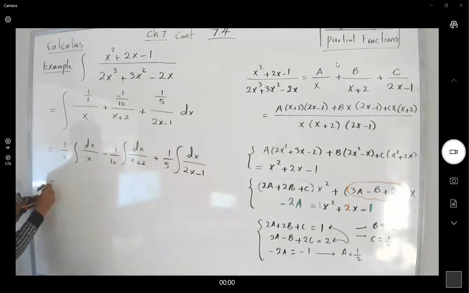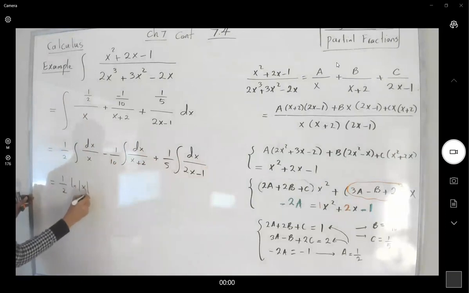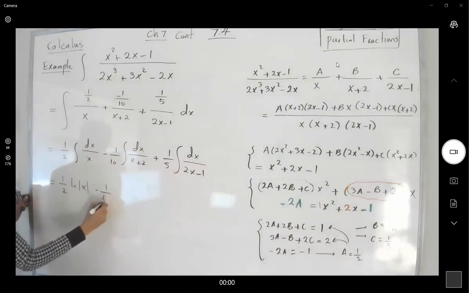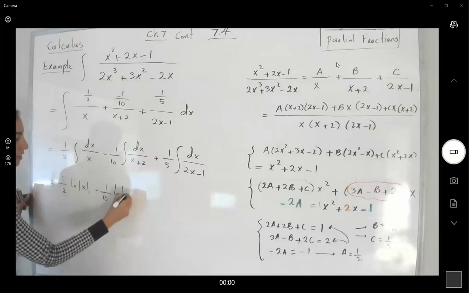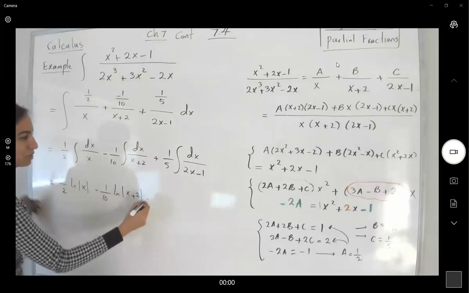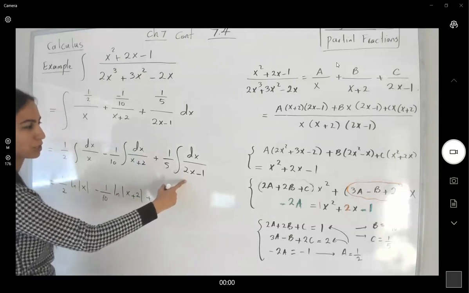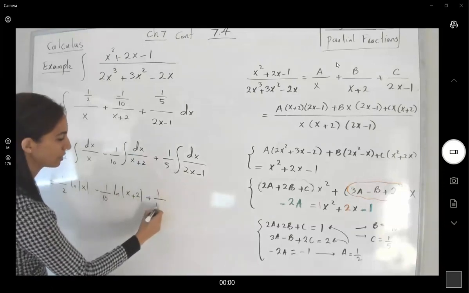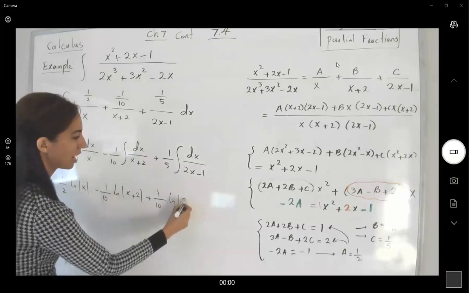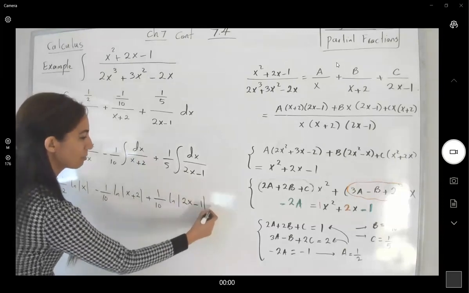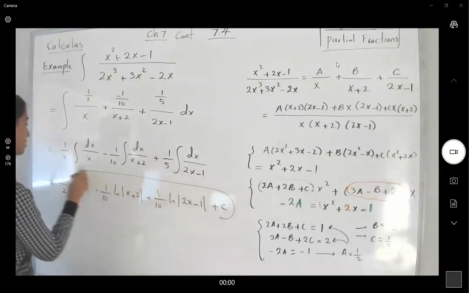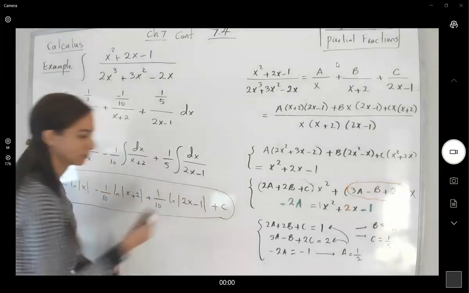This is a half ln of absolute value of x minus a tenth ln of absolute value of x plus 2 plus, here you can use substitution, 1/10 ln of absolute value of 2x minus 1 plus constant of integration.